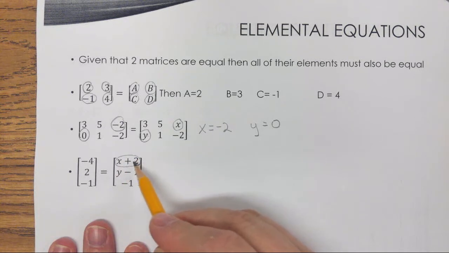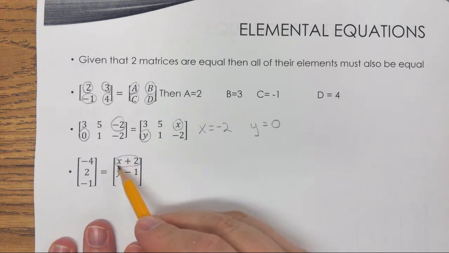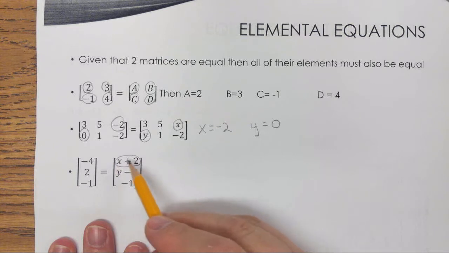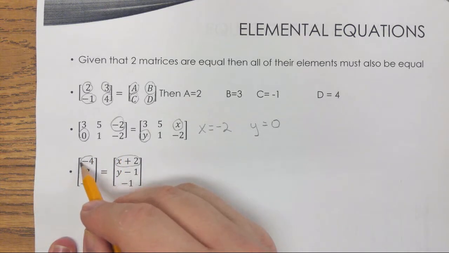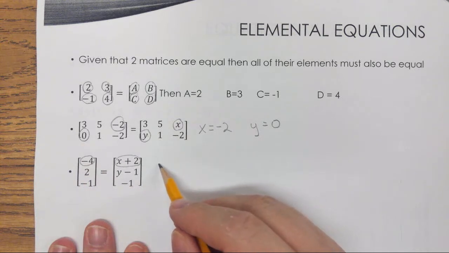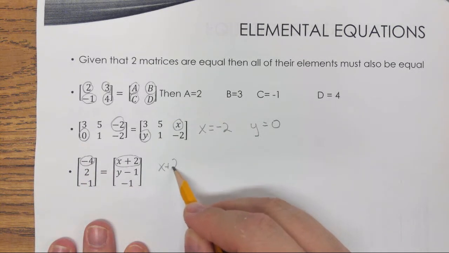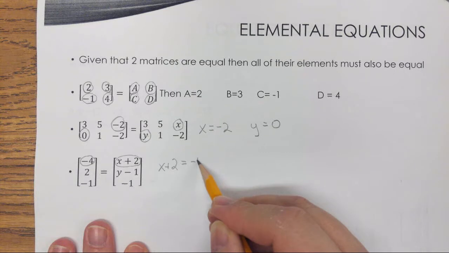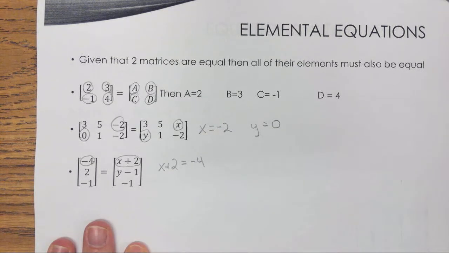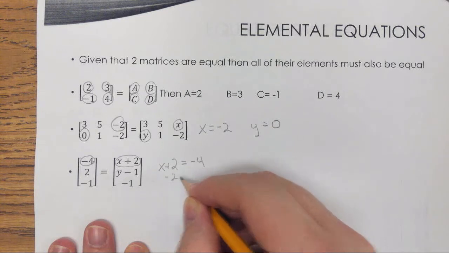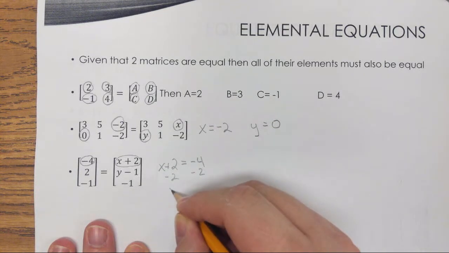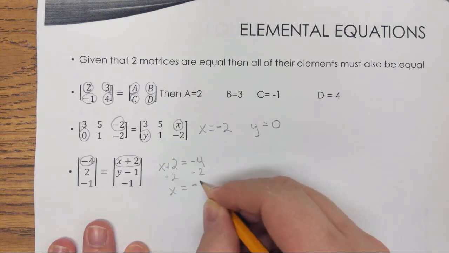Don't think that this is one element and this is another. These two things are together on this one. So then this corresponds to this. So I could say that X plus 2 equals -4, which means then that I'm going to subtract 2 from both sides, and I get X equal to -6.